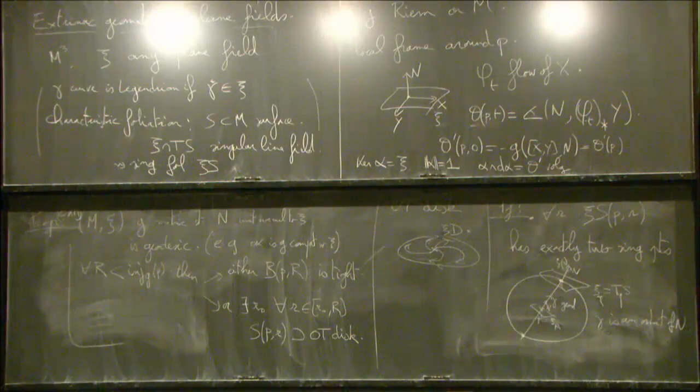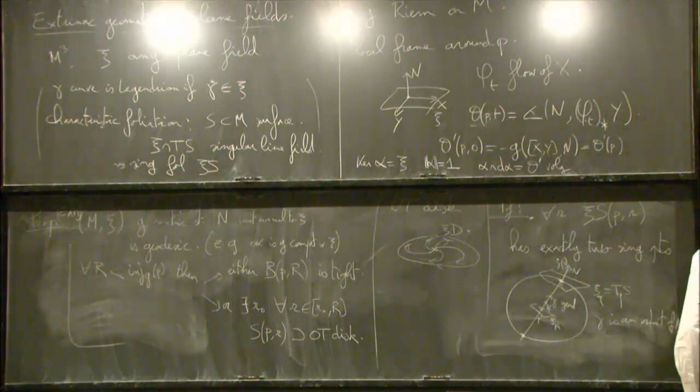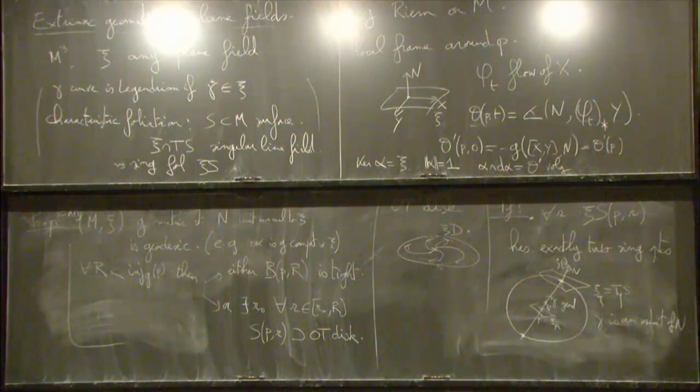And the reason why quasi-geodesic is still interesting is the work of Hofer in '93, I think. If you have a closed three-manifold with a contact structure, if there exists a Reeb field, so it means a vector field which is transverse to the contact structure and whose flow preserves the contact structure, and there are lots of them.